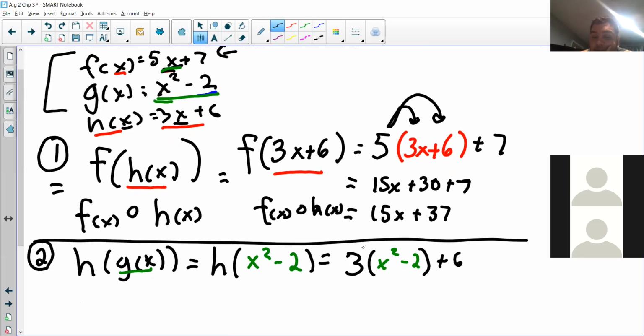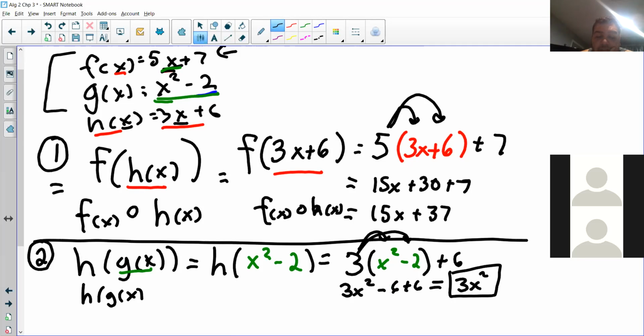From here, regular algebra, distribute the 3. 3x squared minus 6 plus 6. Combine like terms. Minus 6 plus 6 cancels out. So all you're left with is 3x squared. So your answer, that h of g of x, ends up equaling 3x squared. Again, I'll take any questions on this one.